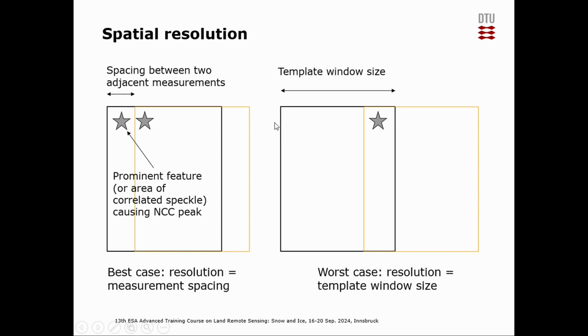So I have a template window. There's a dominant feature I track. I keep moving it, and it's still that dominant feature which is giving me the cross-correlation peak. And I can be stuck for a whole template window size measuring the motion of the same feature. So the resolution is somewhere between the measurement spacing in the best case and the template window size in the worst case.